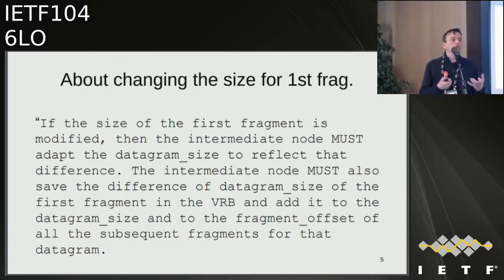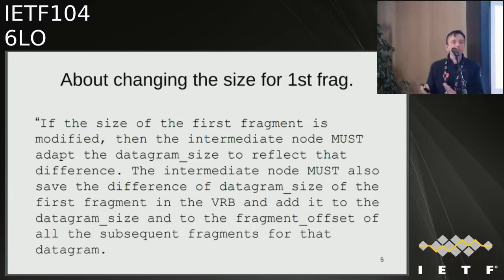So if we introduce some new bytes, for instance, in the first fragment, that means that the offset of the second fragment in the compressed form is actually offset by those bytes that you introduced. So you have to remember, as you forward the fragment, when you introduce some bytes or reduce the size by some bytes, you must remember that delta, and you must apply it to all the fragments that come next. So we actually provided some text to say that.